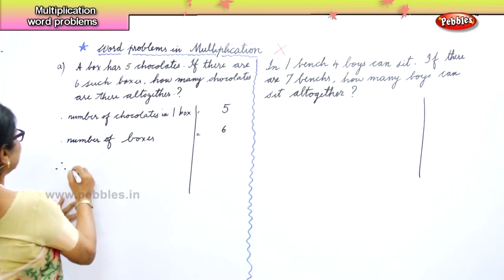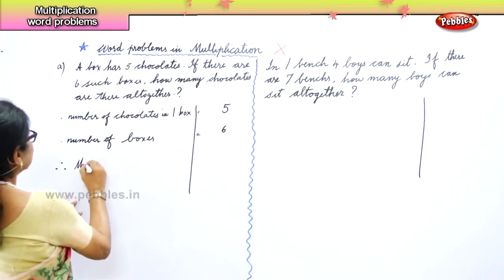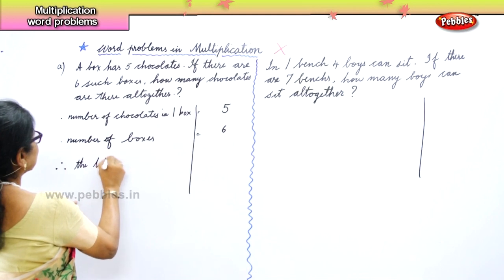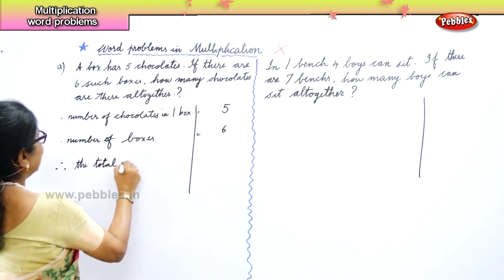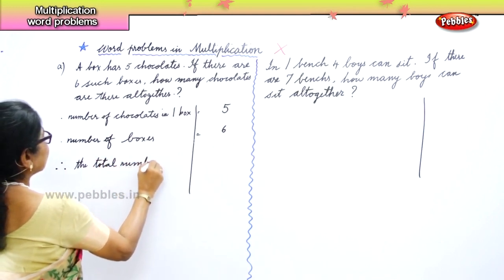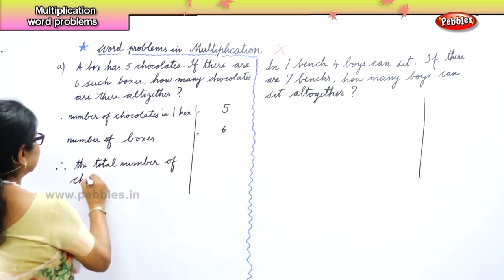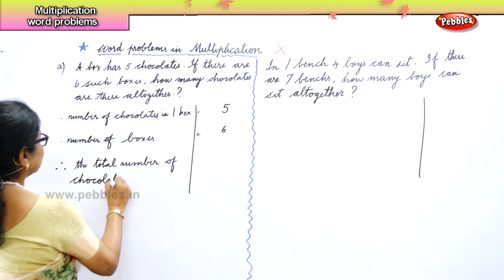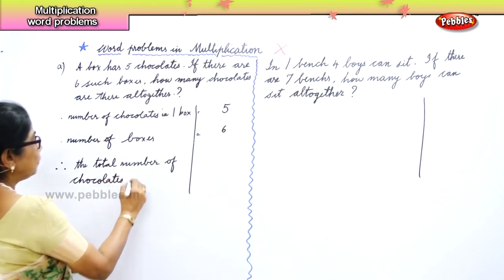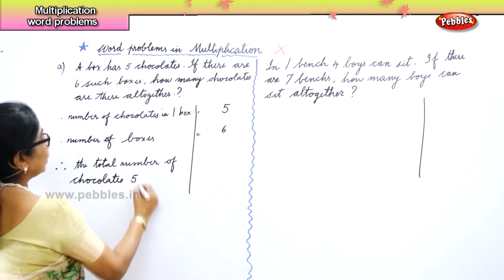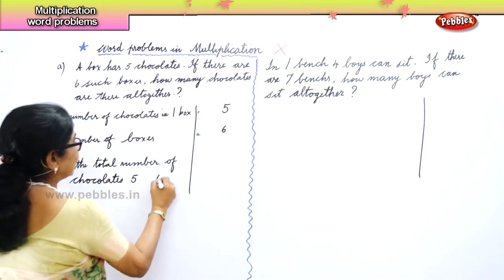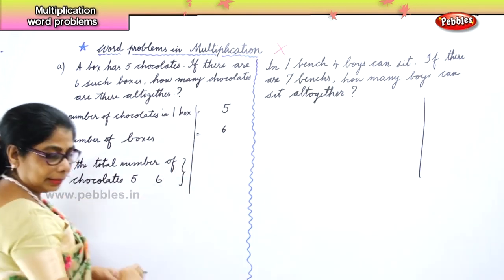How do you find? 5 into 6. Okay, that's it.